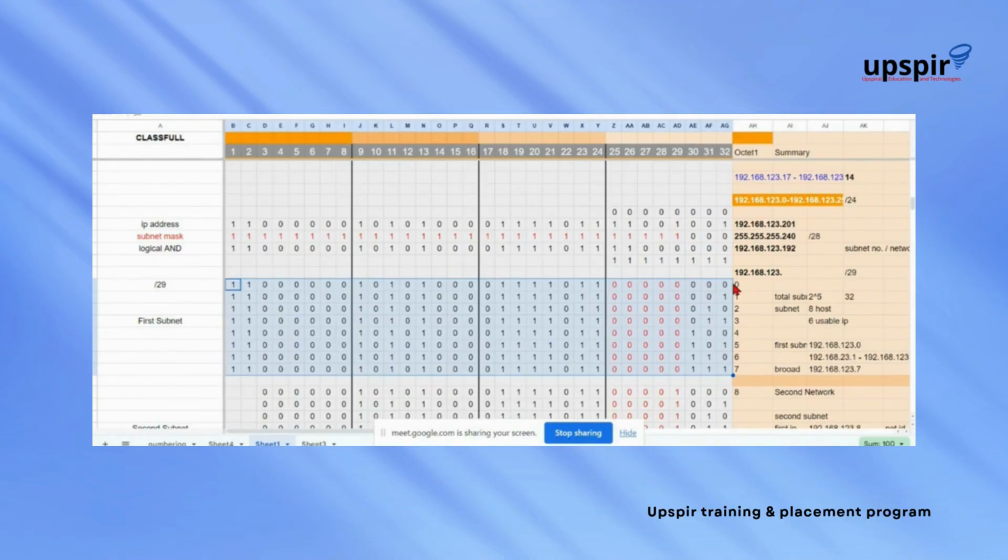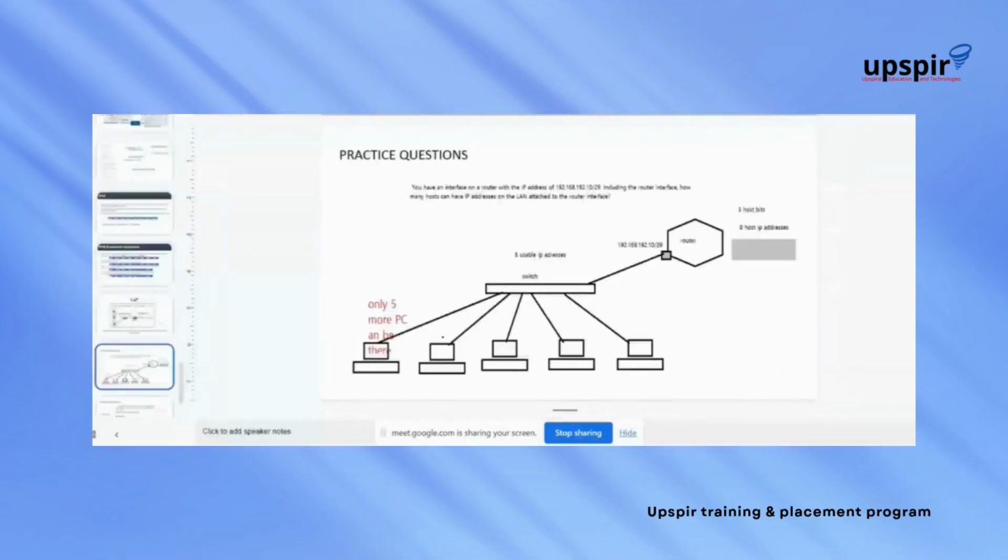The first always identifies the subnet number or network ID, so 192.168.123.0 becomes our network ID, and 192.168.123.7 becomes our broadcast ID. The remaining 6 IP addresses are the usable IP addresses. In our question, the router already had one IP address, so out of 6 usable IP addresses, I can have 5 more PCs.